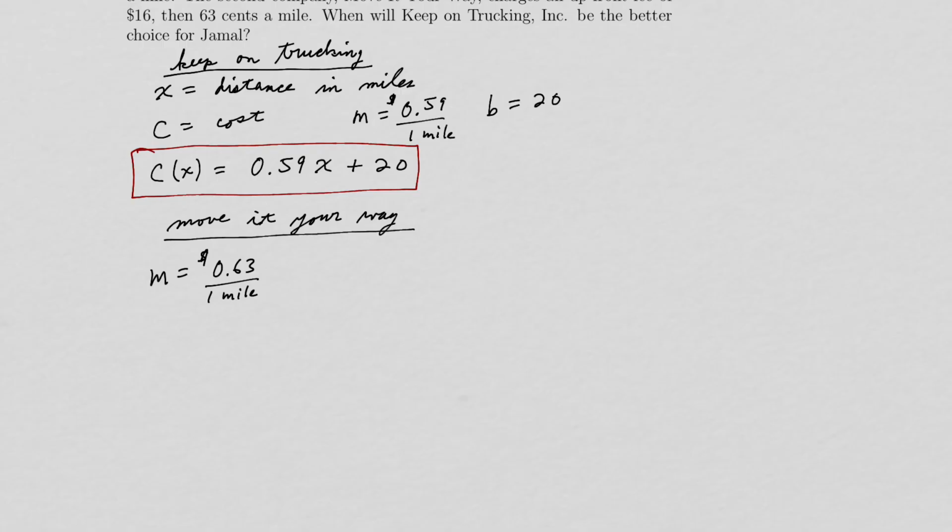And then the b, the initial cost or the y-intercept, when you haven't traveled at all yet, is going to be $16. These are really dollars. This 20 here is really dollars. Okay, so that means for the linear equation, C of x, the cost for x miles, is equal to 0.63 times x plus 16.